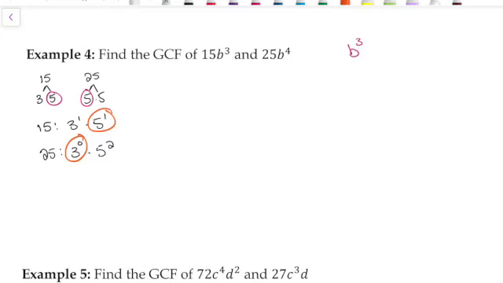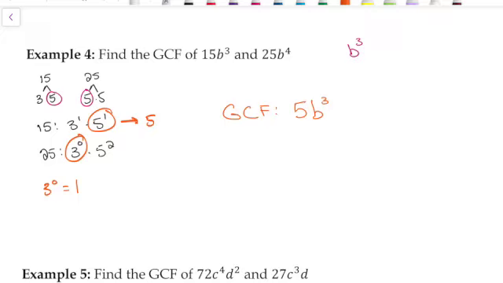And the 5 to the 1 is the smallest. So the rule still works, it's just kind of weird. 3 to the 0, so anything to the 0 power is just 1. Try it on your calculator, you'll just get 1. So our greatest common factor is just 5. So the GCF overall is 5b cubed.